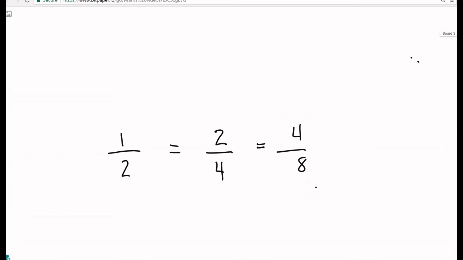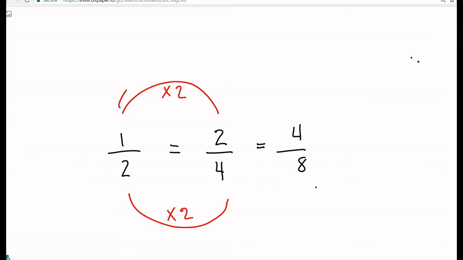As a rule, equivalent fractions are made when you multiply the top number, which we call the numerator, and the lower number, which we call the denominator, by the same number. So if we multiply 1 by 2 and 2 by 2, we have 2 quarters.